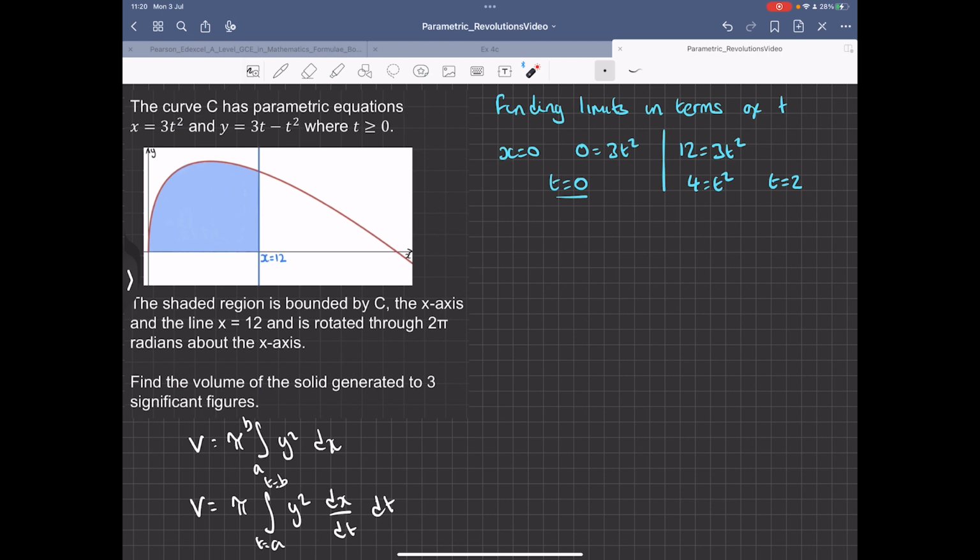So now we need to work out dx by dt. And we're told here that x is equal to 3t squared. So if we differentiate this, this will be equal to 6t.